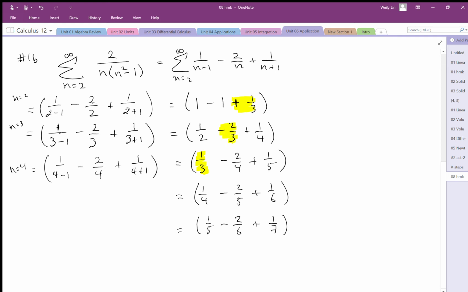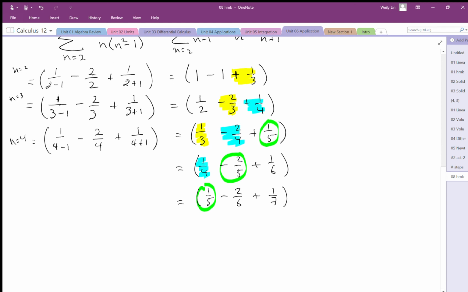Well, that will cancel out. Notice that here we have a plus 1/4, a plus 1/4, and a minus 2/4. That's all going to cancel out. And we also have plus 1/5, plus 1/5, minus 2/5. That's going to cancel out. And that's going to continue indefinitely, right?